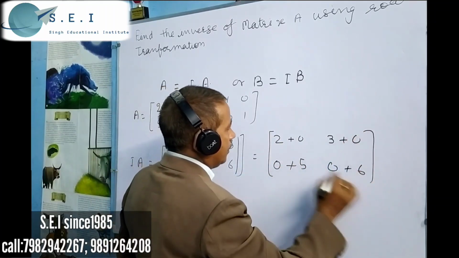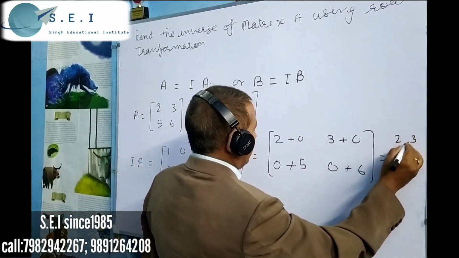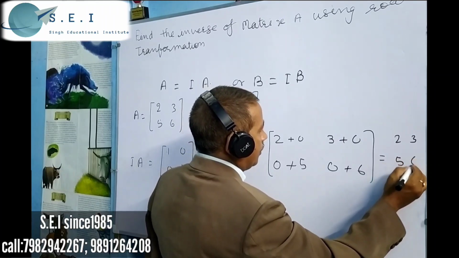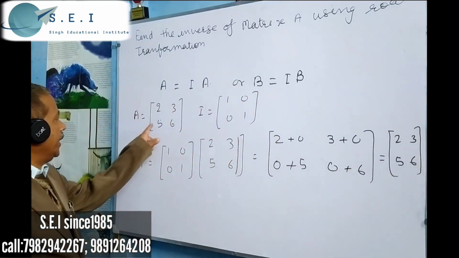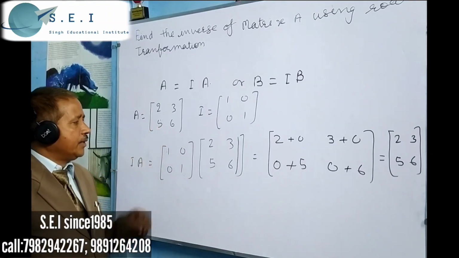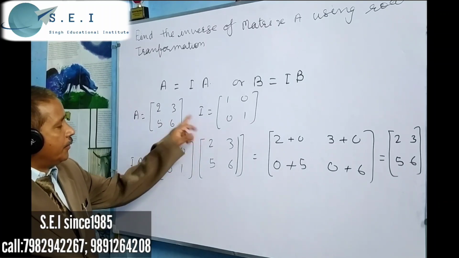After simplifying, we get 2, 3, 5, 6, which is equal to the original matrix A. Therefore, we can say that matrix A is equal to IA.